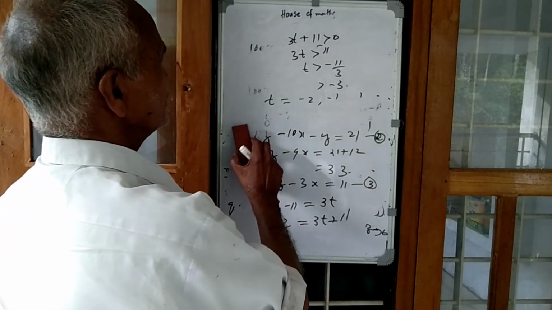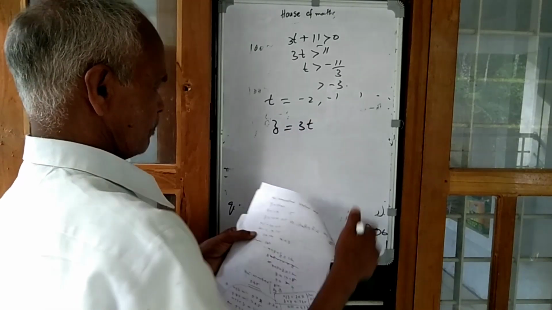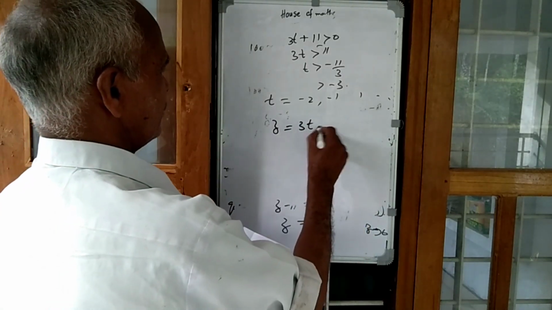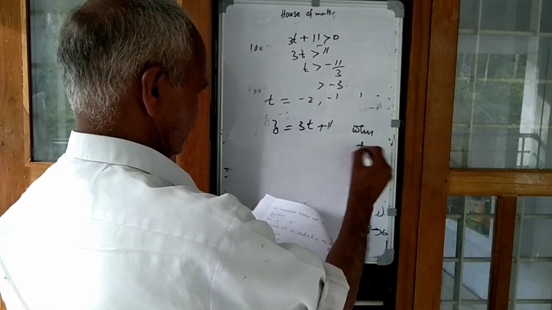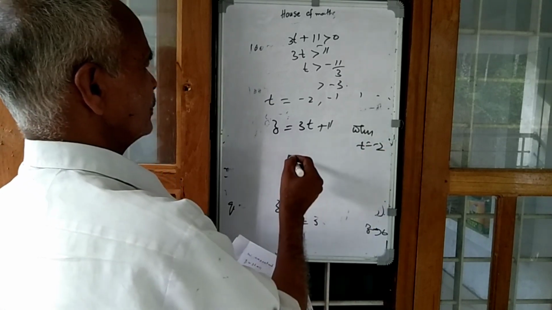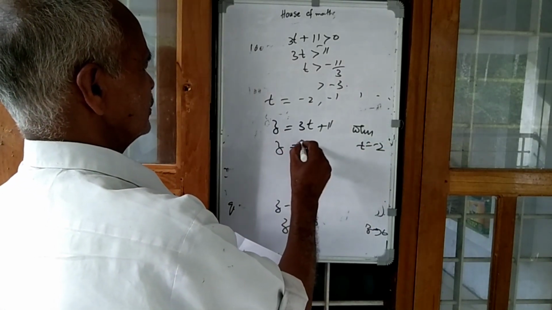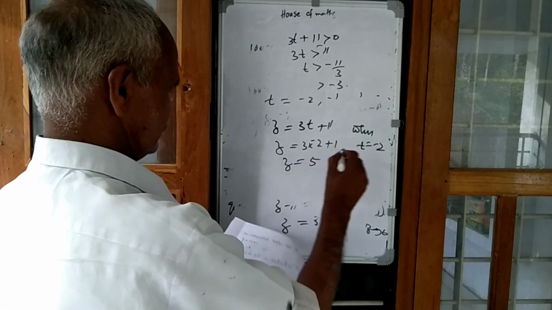Then we know that z equal to 3t plus 11. When t equal to minus 2, then z equal to 3 into minus 2 plus 11, that is z equal to 5.